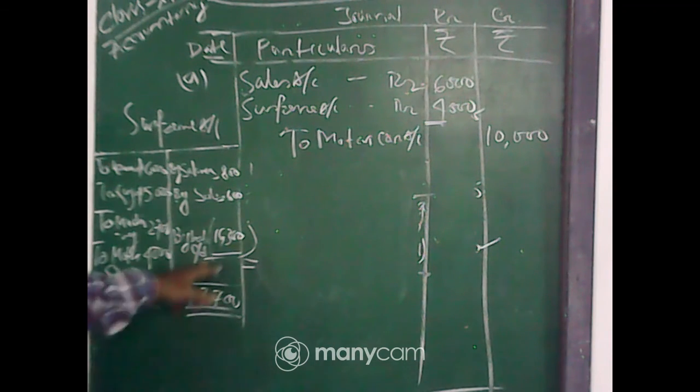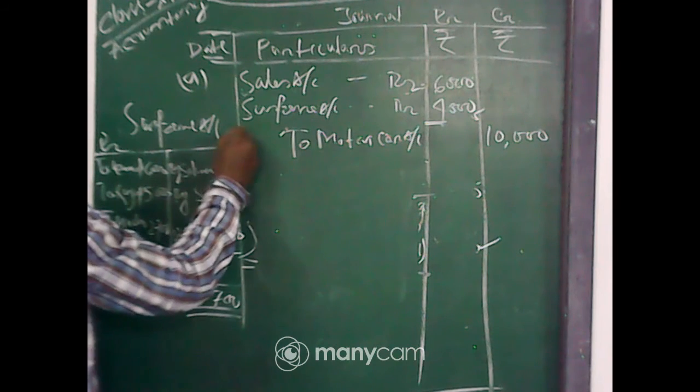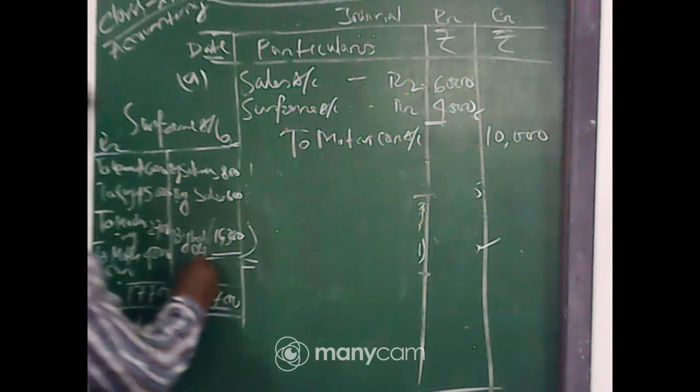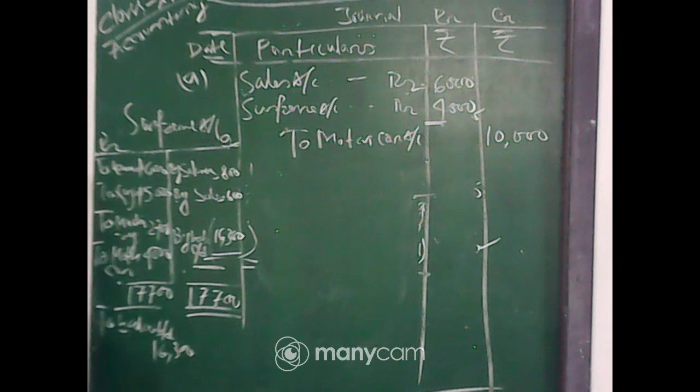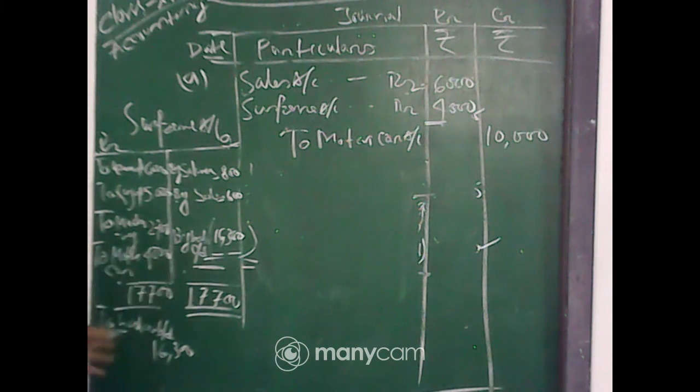You transfer it to balance b/d, so next year or next month that will be the debit balance 16,300. In a ledger, the balance will be on the side which is less. In the suspense account, 16,300 is less on the debit side, so the balance will be on the debit side.